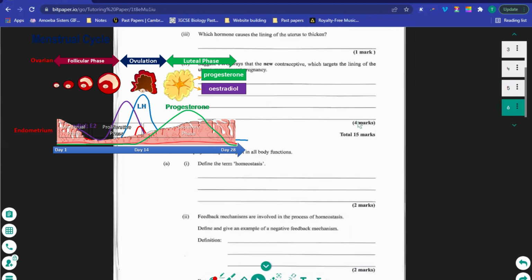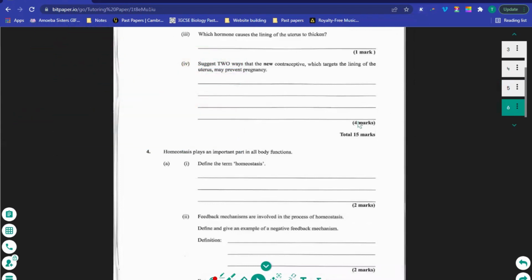And on to the last two, part 3, which hormone causes the lining of the uterus to thicken? That would be the estrogen. And 4, suggest two ways that the new contraceptive, which targets the lining of the uterus, may prevent pregnancy.